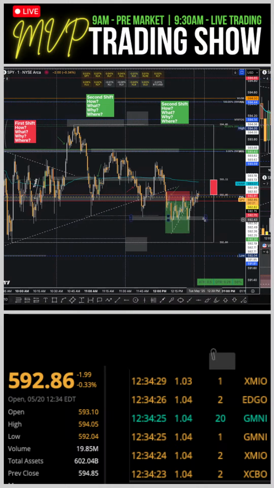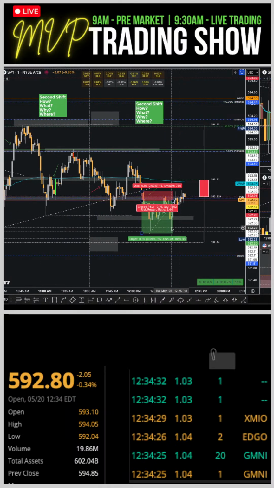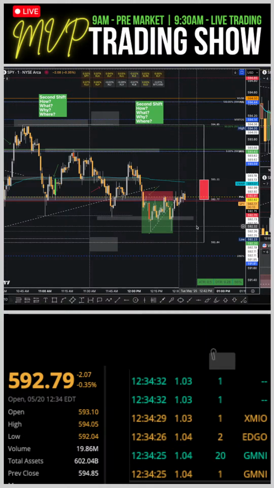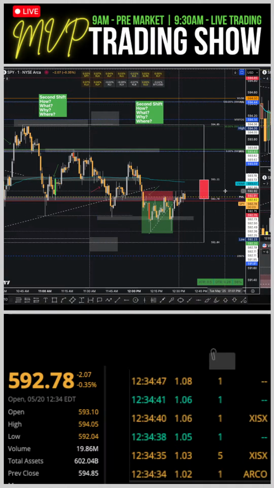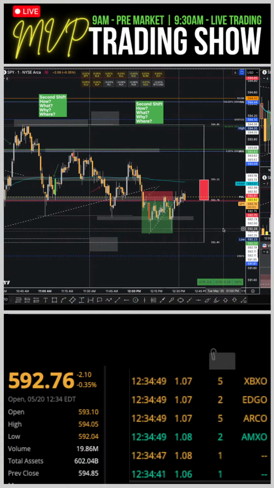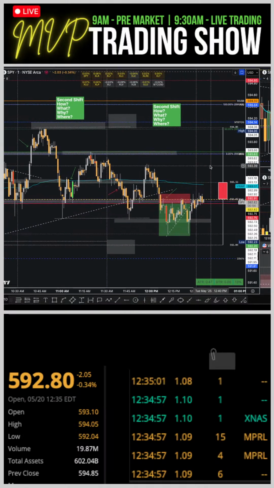From a price action standpoint, we are higher than where we were at 12:25, 10 minutes ago. If we can get above that 593.11 daily open, maybe we can go higher. If we can't get above it, maybe we go lower. It's really, really hard to tell.